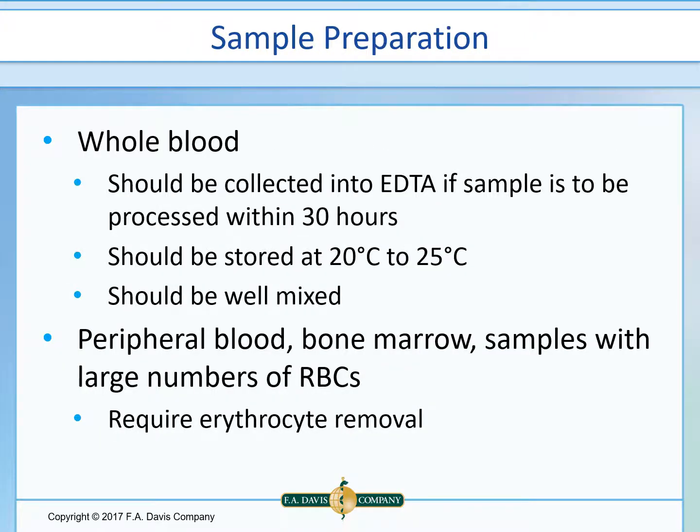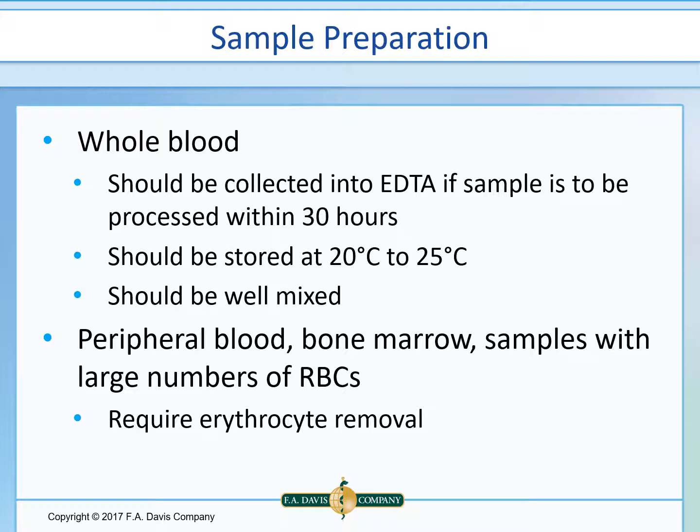Whole blood, bone marrow, and fluid aspirates are the samples that are commonly used for flow cytometry analysis. Whole blood should be collected in EDTA, the anticoagulant of choice for samples that are processed within 30 hours of collection. Heparin can also be used for whole blood and bone marrow and can provide stability in samples over 24 hours old.